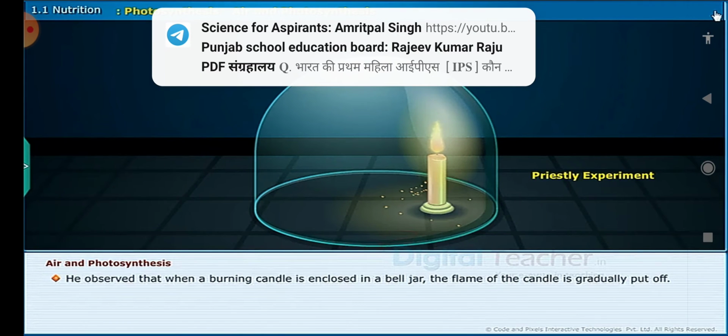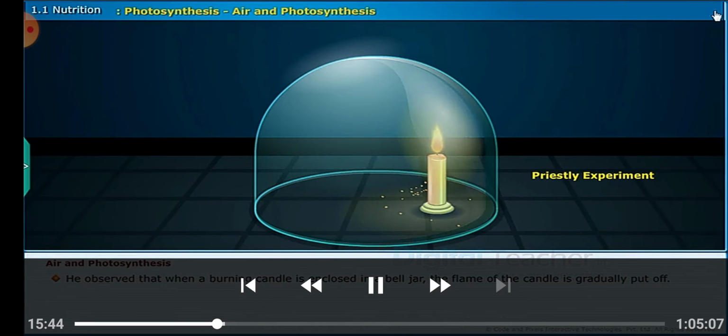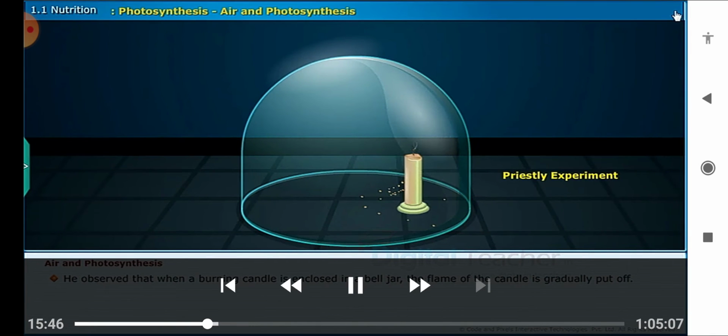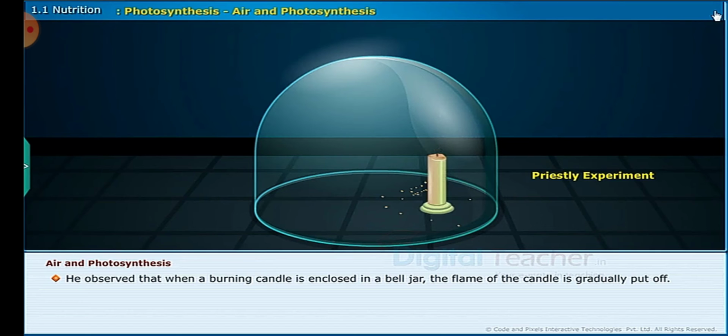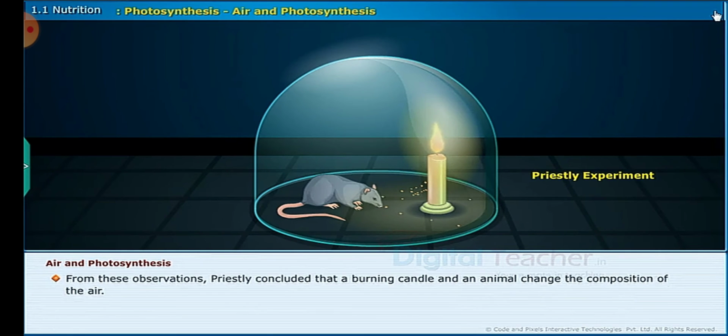He observed that when a burning candle is enclosed in a bell jar, the flame of the candle is gradually put off. In the same way, a mouse also suffocates in a closed space, such as an enclosed bell jar, and dies. From these observations, Priestley concluded that a burning candle and an animal change the composition of the air.